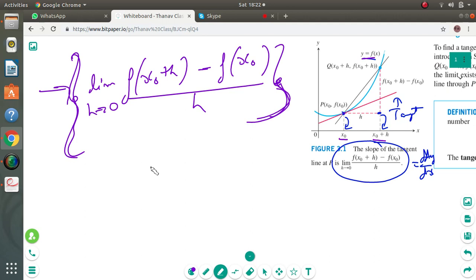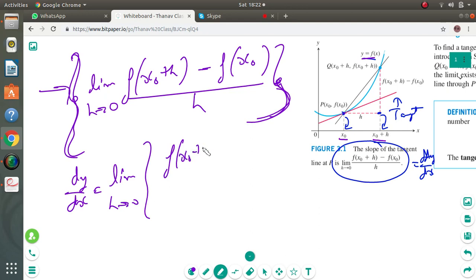So this is how we can define dy by dx. dy by dx is equal to limit h tends to 0 of f of x naught plus h minus f of x naught, whole divided by h.